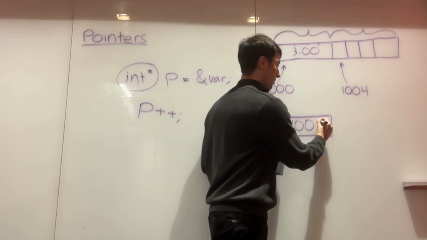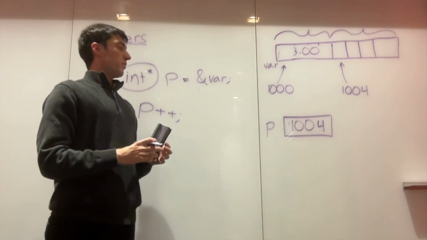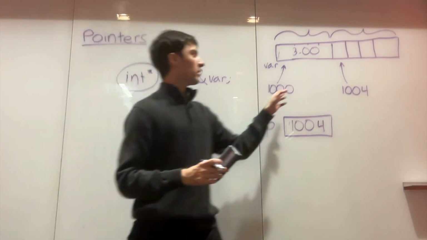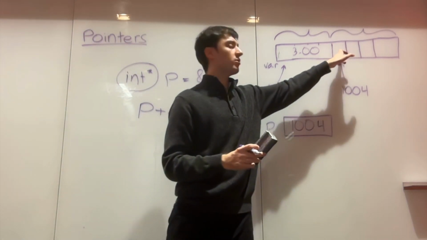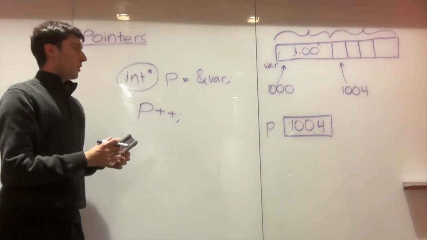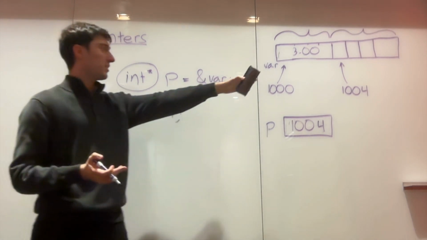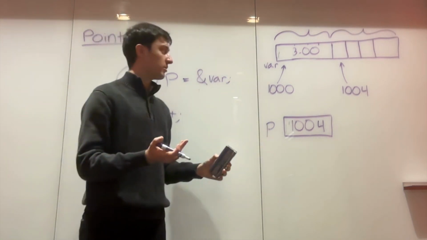So this is actually going to go to 1004. Points to the next integer value in that location, right? But you need to make sure that you actually initialized it. In this case, we didn't even initialize it, and it might be garbage.